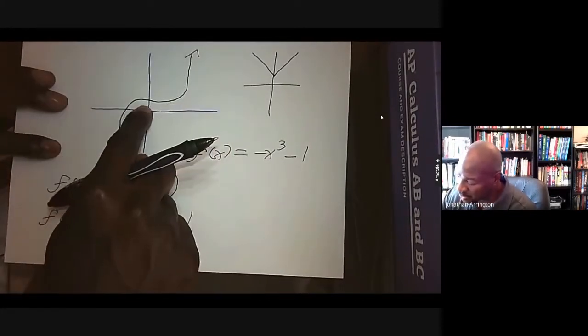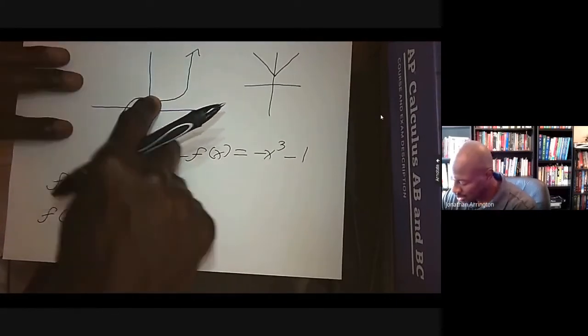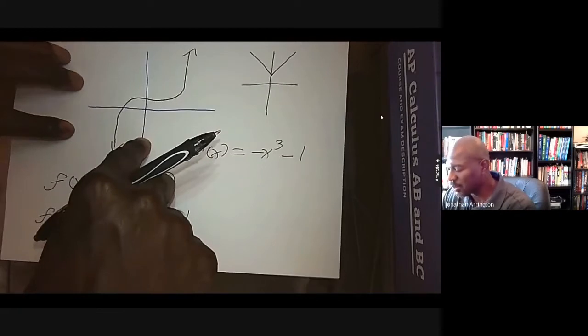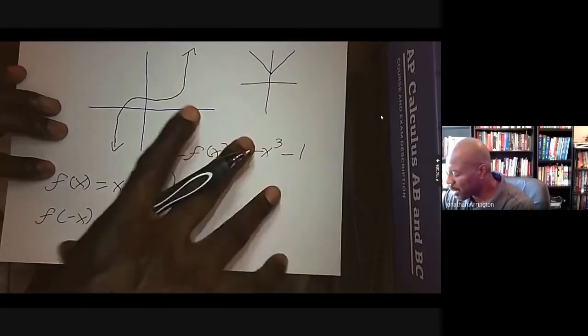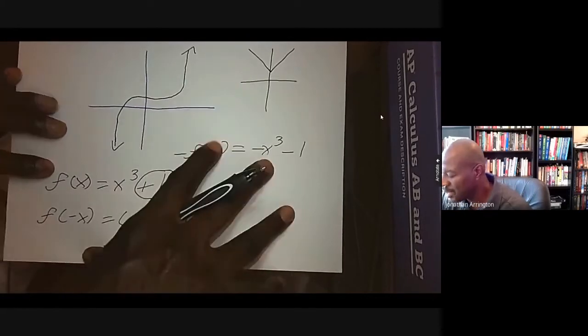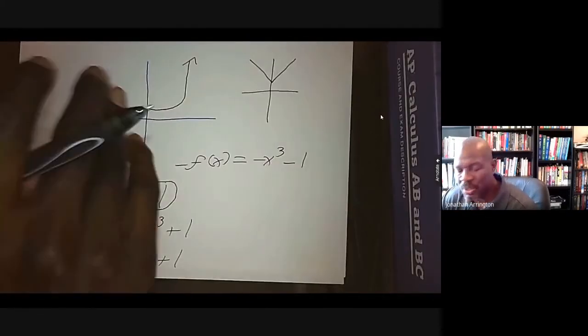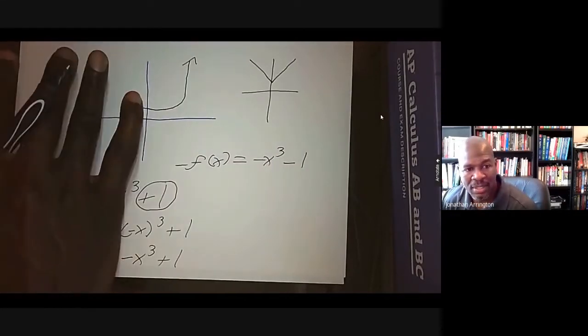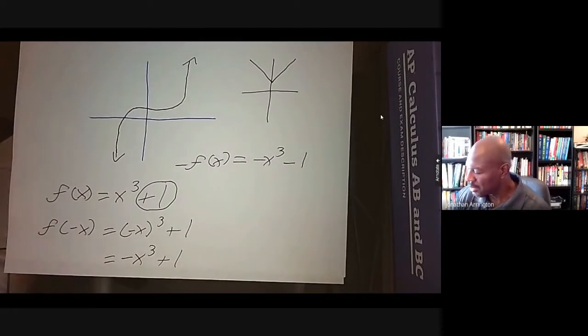Because if I move this graph up, when I rotate it, it's going to be down. If I move this graph down, when I rotate it, it's going to be up. So if I'm looking at a polynomial for an odd function, I have to have all odd exponents and I can't have any constants. That's the difference. So for even function polynomials, you have to have all even exponents.